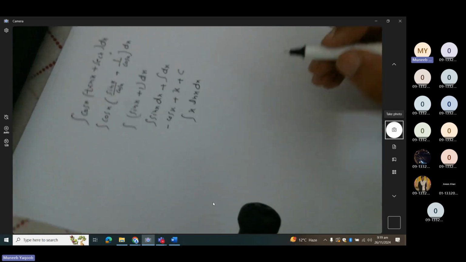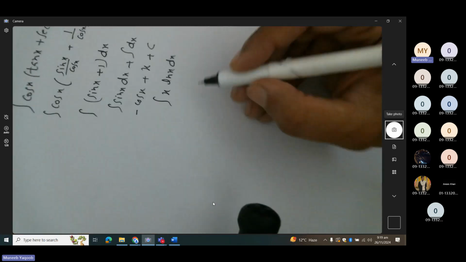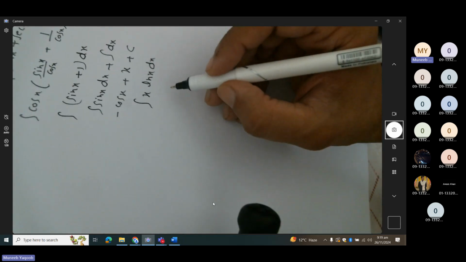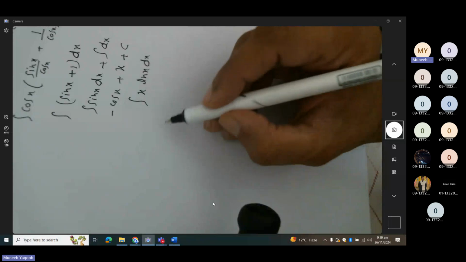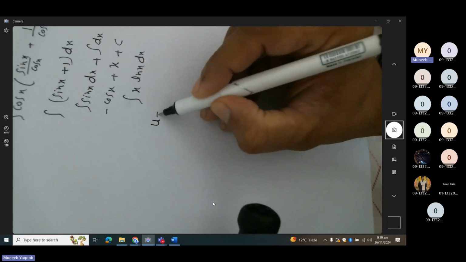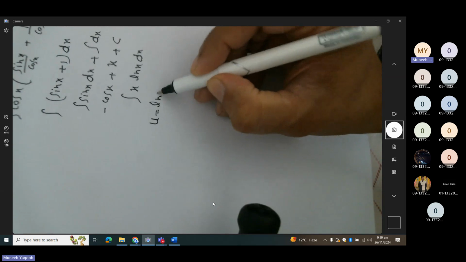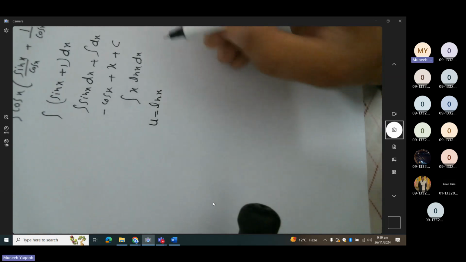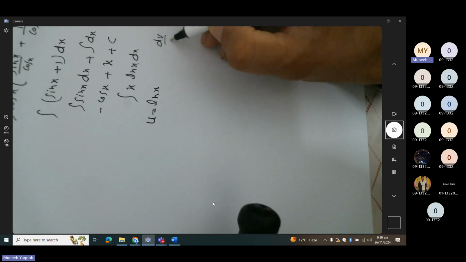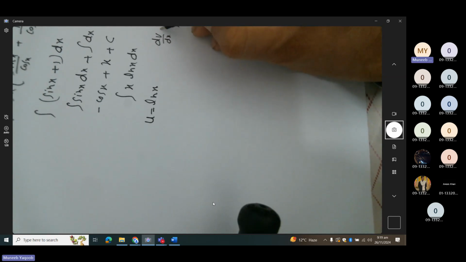Integral x ln of x dx. So again, as I told you before the midterm exam, we will take one term as u. Like for ln of x, we will take u equals ln of x. And for x, we will write dv by dx equals x.